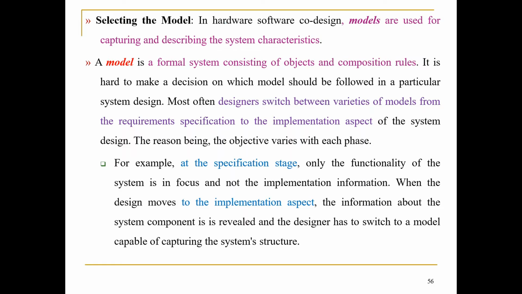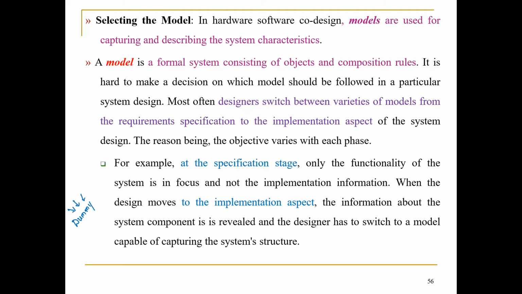As I said, in hardware-software co-design, models are used for capturing and describing the system characteristics. So what exactly it means is, it is actually a dummy model. Dummy model in the sense, you know what your requirements are, what your characteristics are, what your attributes are.